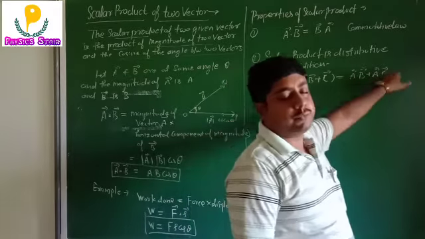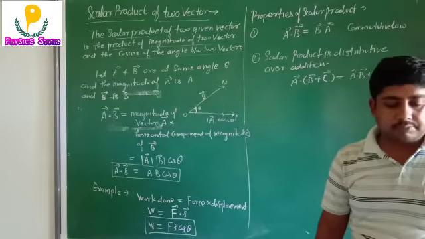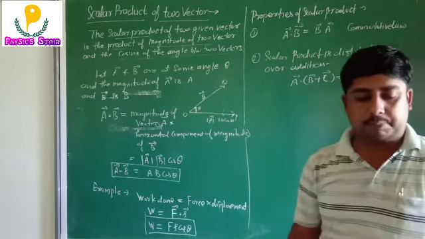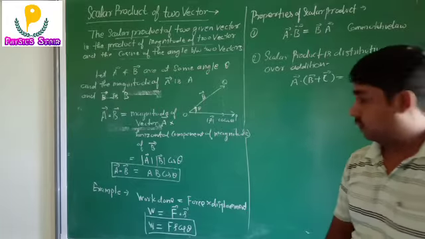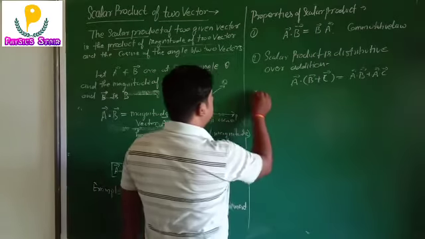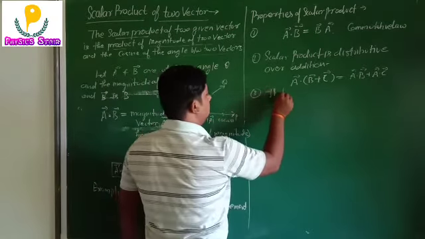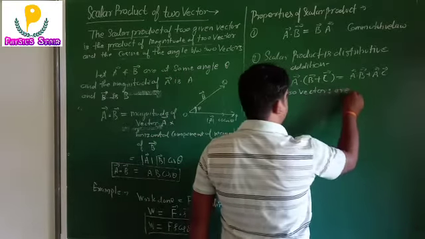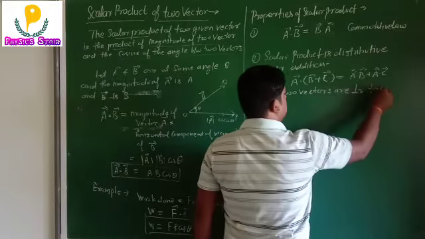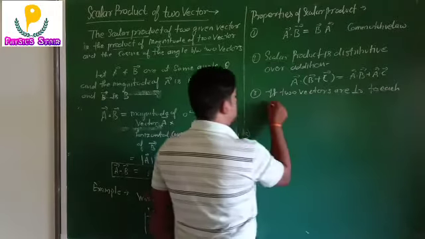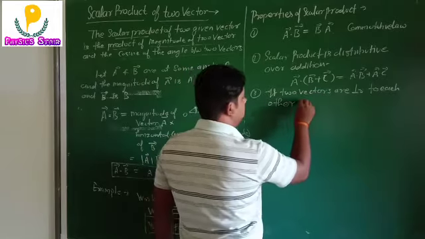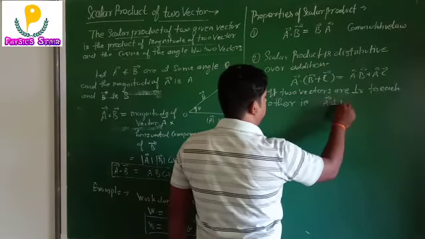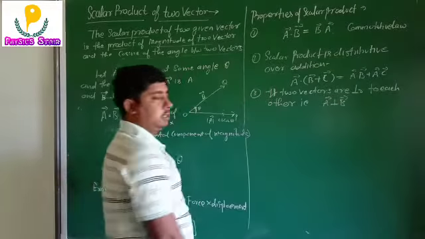Now the third case is when vector A and vector B are perpendicular to each other.